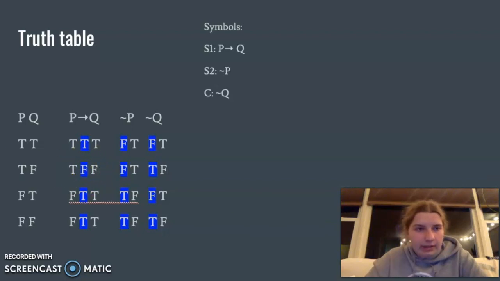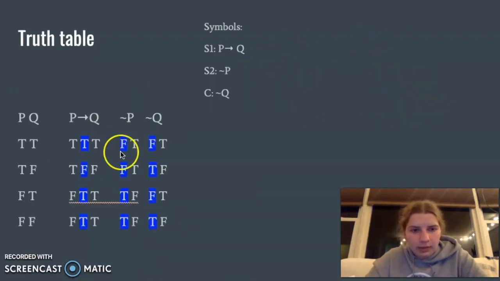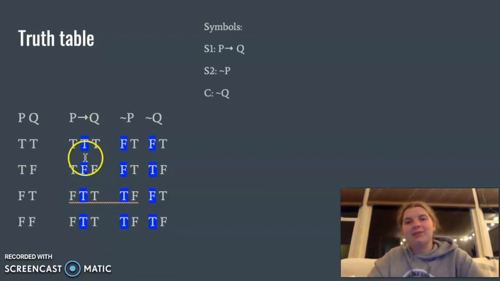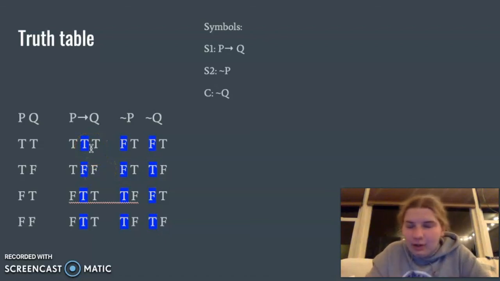So we can test for equivalence. It has to have the same values in each row. For S1 and S2, true, false, we already run into issues, so it's not equivalent here. Rows 2, 3 and 4 are equivalent, but row 1 is not, so S1 is not equivalent with S2.